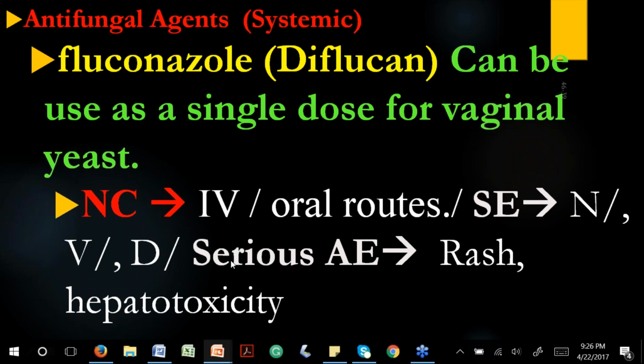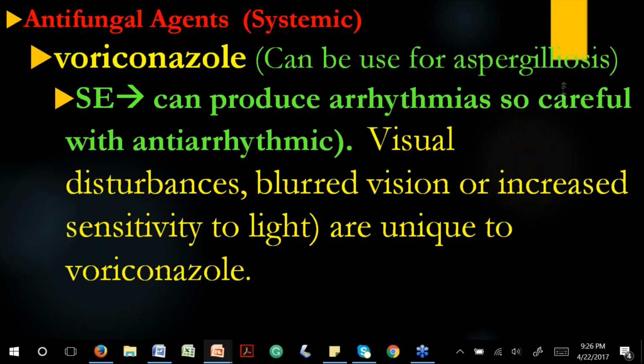Side effects: nausea and vomiting, rash, hepatotoxicity. We don't need to memorize all this because the general thing about antifungals is that they can produce rash, nephrotoxicity, some hepatotoxicity too, and leukopenia, especially with a systemic antifungal.